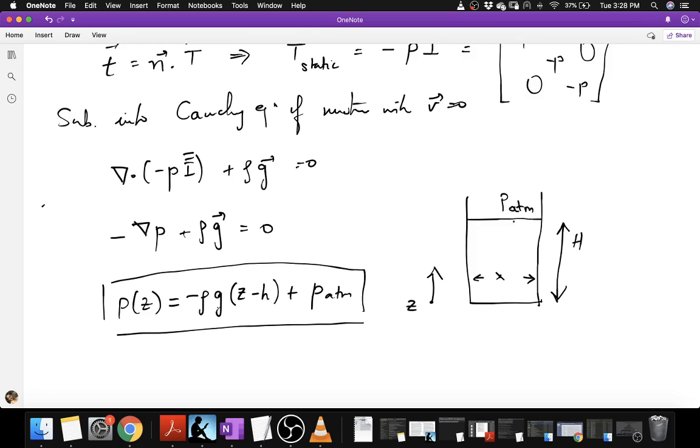Alright, so this is something well known. Essentially the fluid static equation says that the pressure gradient, which is acting in this case upwards, because you see the pressure is increasing downwards, so the negative of the pressure gradient acts upwards, and that upward force balances the downward force of gravity. Yes, so gravity acts in the negative z direction.